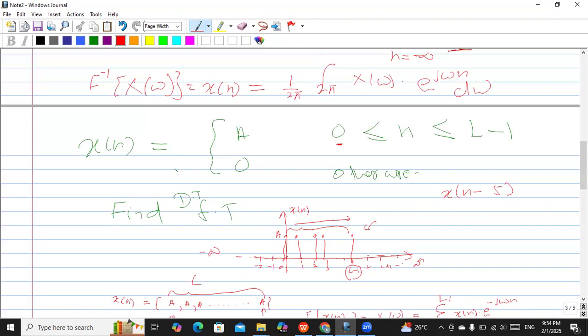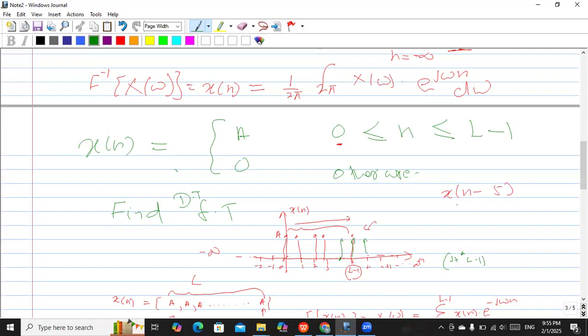Now it is starting from 5, somewhere here, like this up to L values. So that means 5 plus L minus 1 should be there. Up to this point, this sequence is expanded.